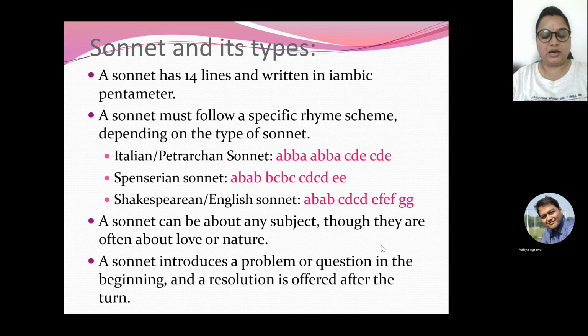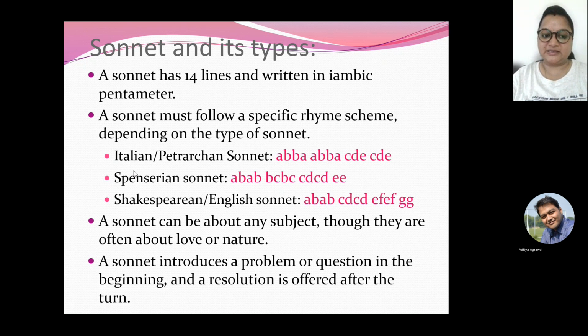Octave means a paragraph having 8 lines, and sestet means a paragraph having 6 lines. So 8 plus 6 is equal to 14 lines. So therefore we call it a sonnet because it has 14 lines, right?